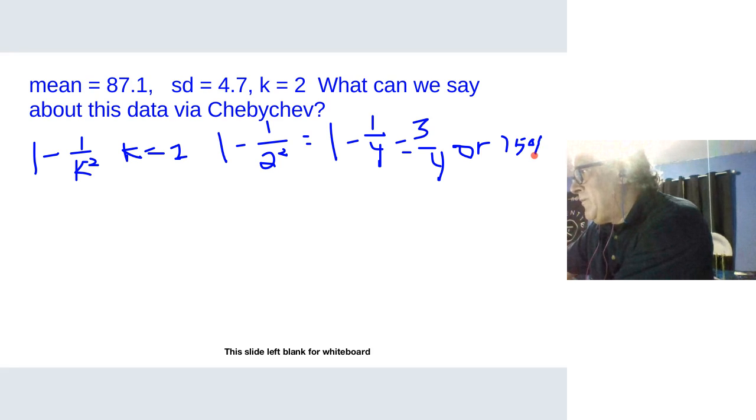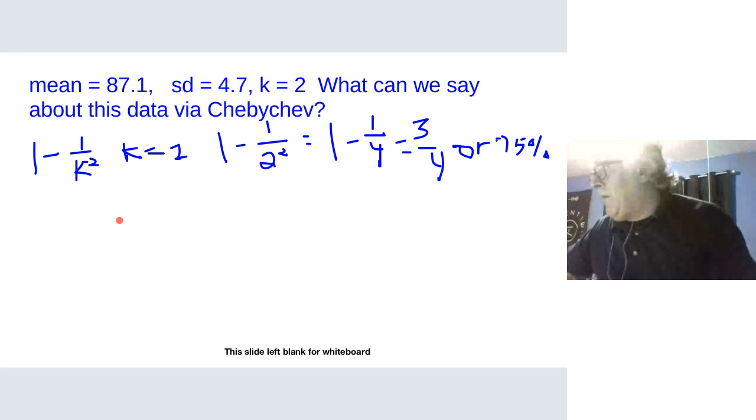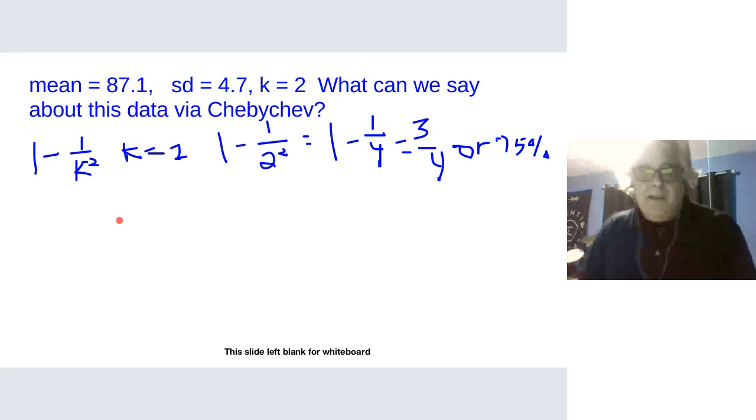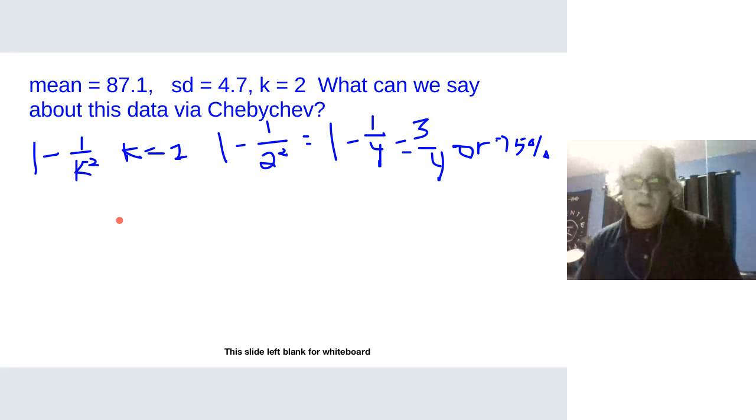So that's always going to happen if you're talking about k equal to 2, or 2 standard deviations. That at least, and that's the key word to help you know when to use Chebyshev.